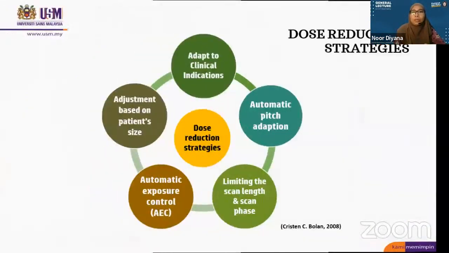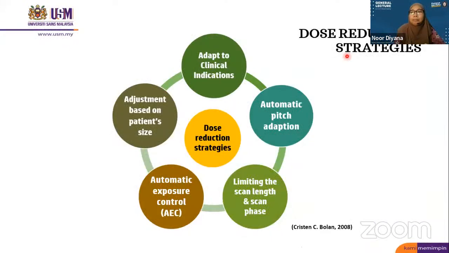Okay, so these are some strategies for dose reduction. One is adjustment based on patient size, as I mentioned before. And then adapt to clinical indication. See what the diagnostic quality is based on the clinical indication.